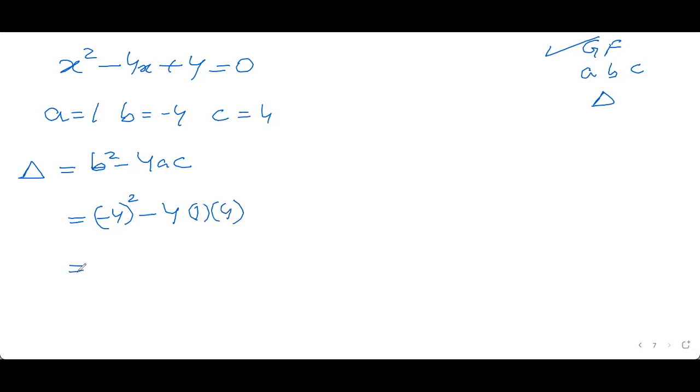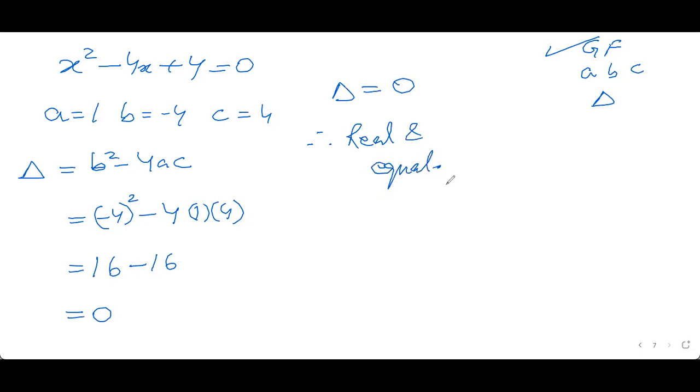Minus 4 square, minus 4 into minus 4 is 16. Minus 4 into plus 4 is minus 16, so 16 minus 16 is 0. Now we see our discriminant is 0. Therefore, our roots will be real and equal. Most of you got this right. Real and equal.